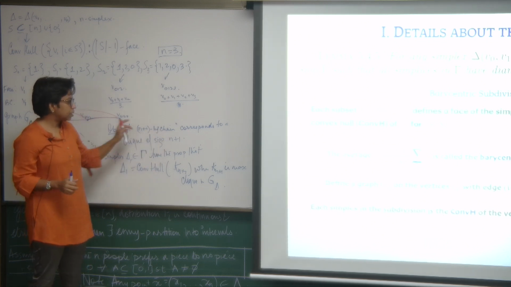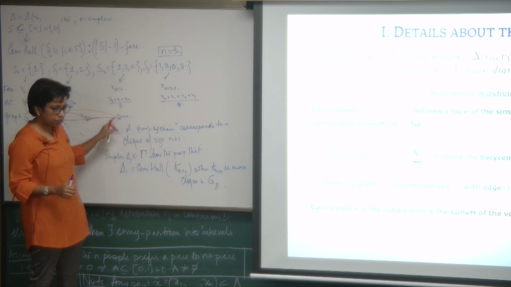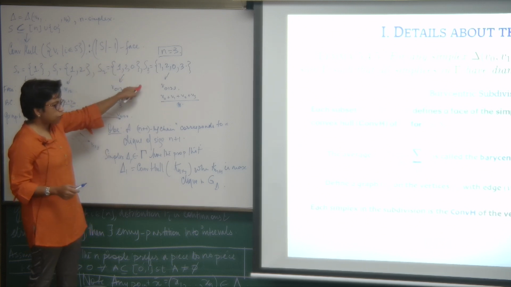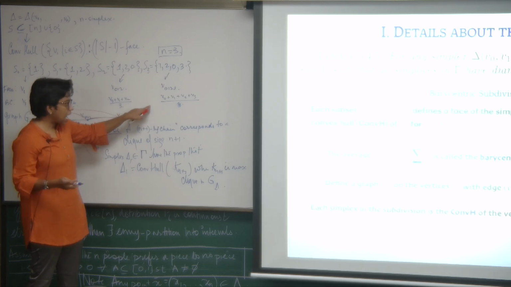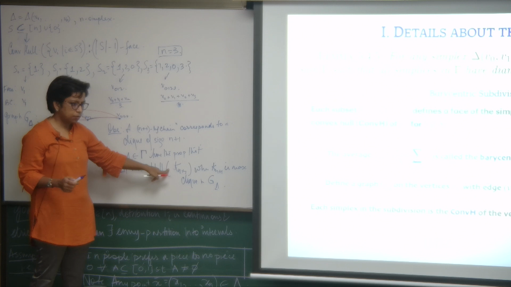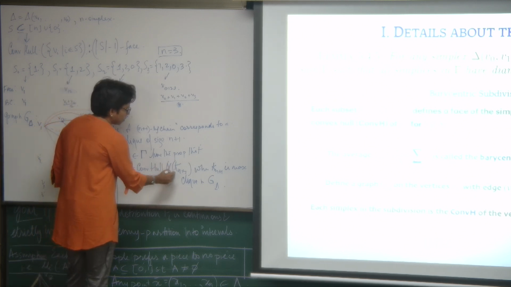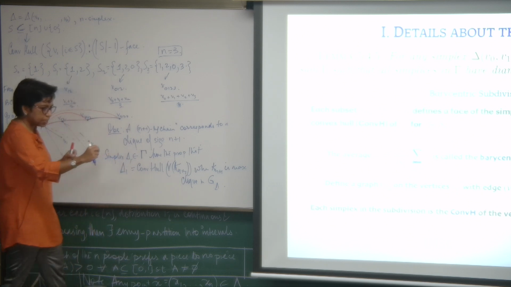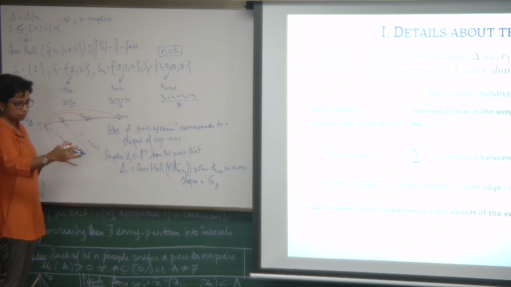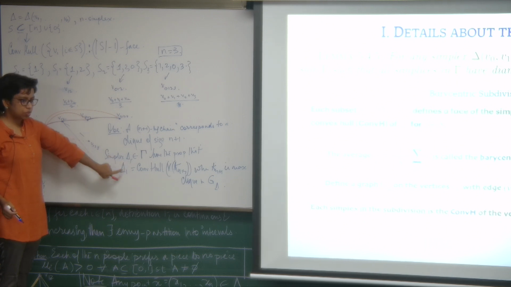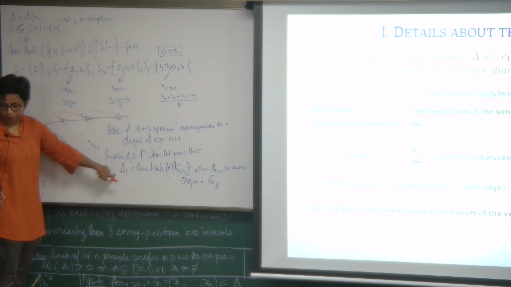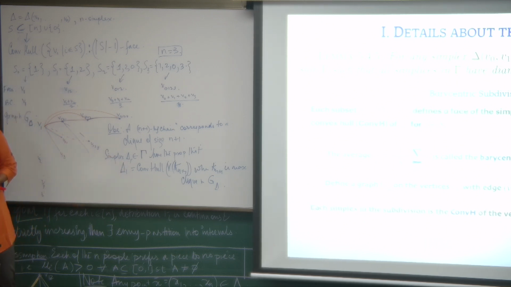You look at all these kinds of chains, and from each of them there is an implied maximum clique, and you look at the vertices of the maximum clique. When I say K n plus 1, I am talking about the vertex set. On those vertices, you look at the convex hull. That is what gives you the simplices of the subdivision. Okay. All right.